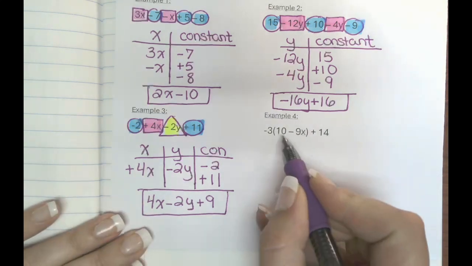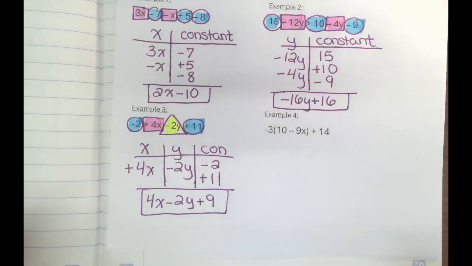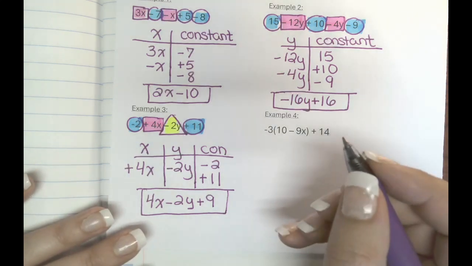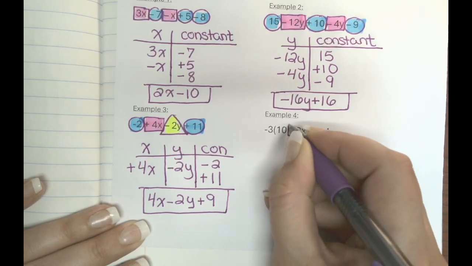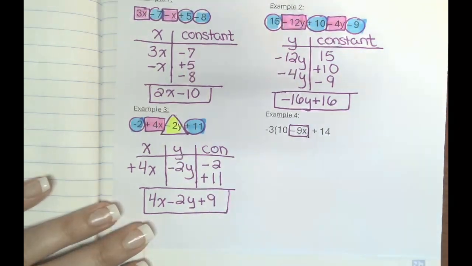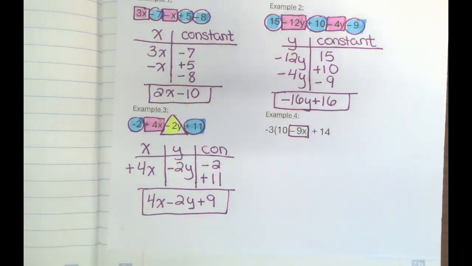So we are going to distribute this, but before we even do that, I'm going to start with our boxing and circling because it will help you keep your positives and negatives straight. So I'm going to box in my term that has my x, which is the negative 9x, and I can shade that in.